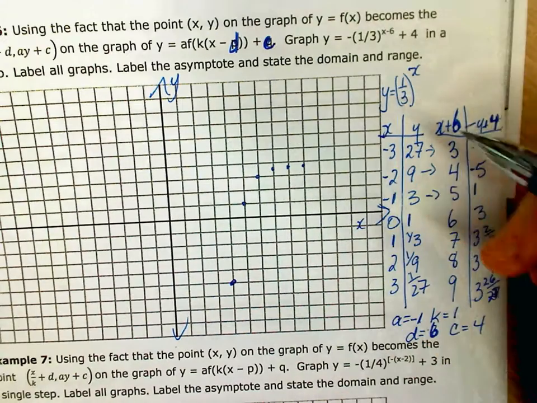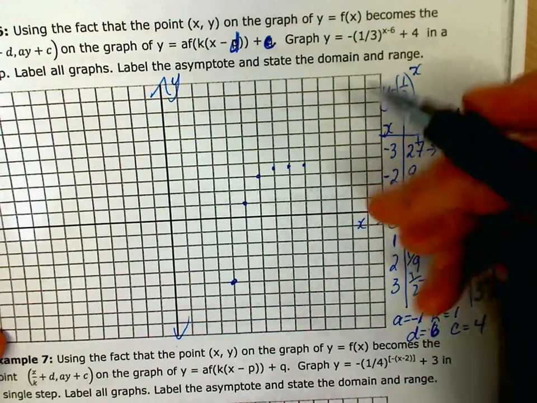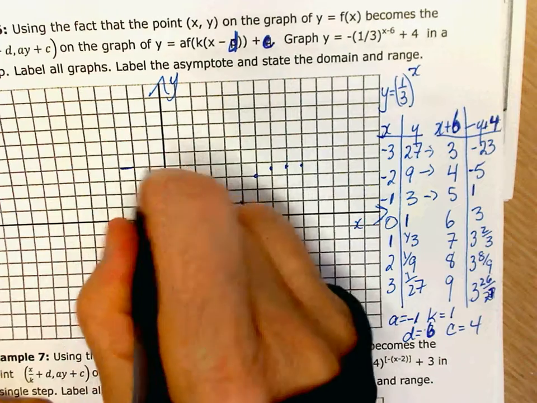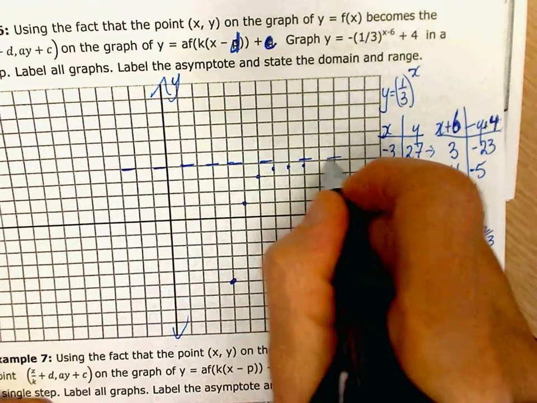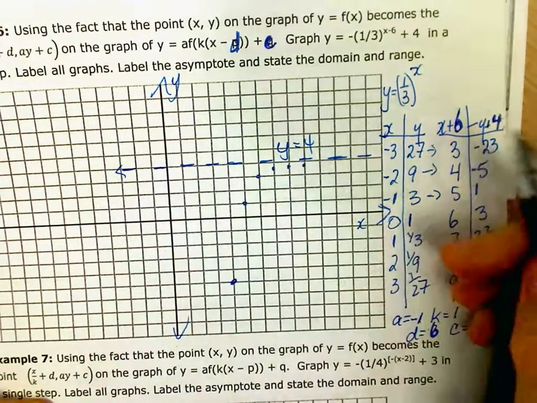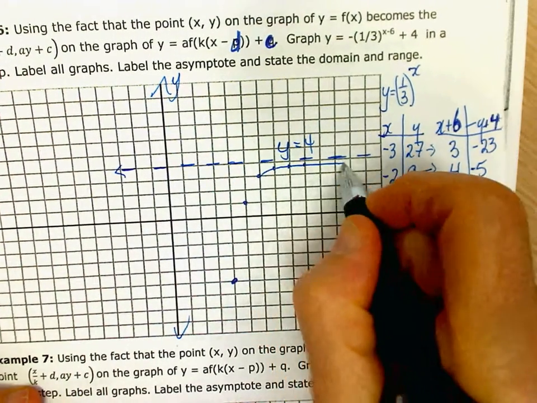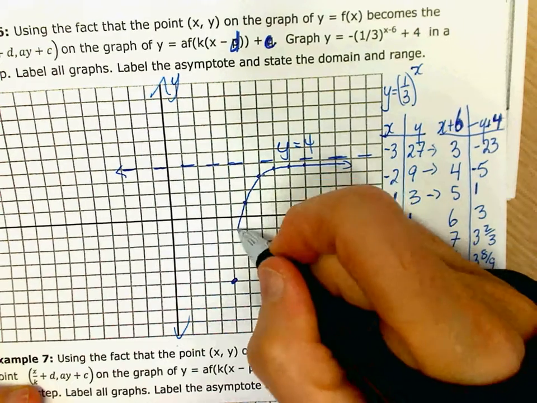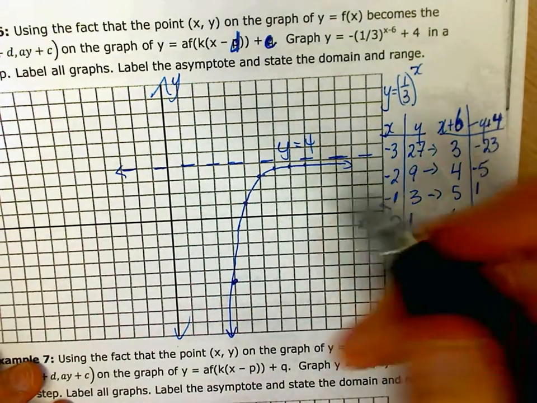Anybody know what the asymptote is? Y equals 4. Remember, an asymptote is a line, so you have to say y equals 4. That's our asymptote. So it gets closer and closer but never touches. So this is our graph.